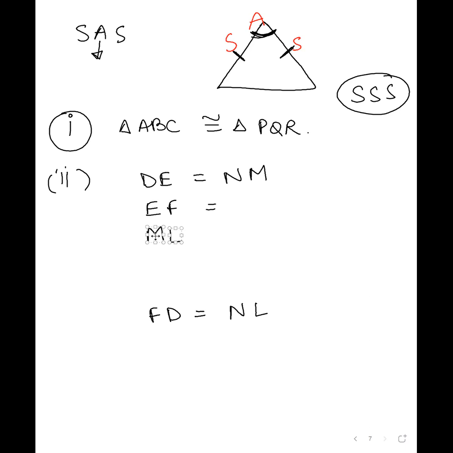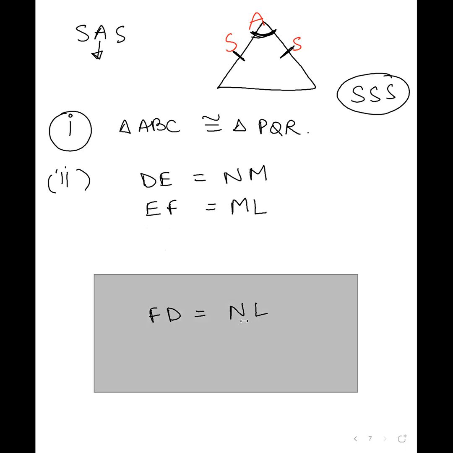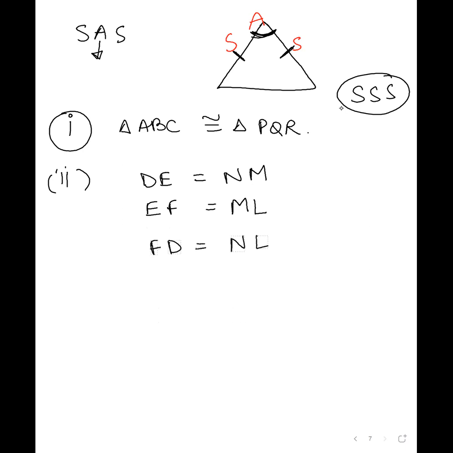L. L. Yes. So what is corresponding to F? L. So shall we write it like L below F and then N? Okay. Because over here, as you can see, D is corresponding to N. Yes. D is corresponding to N.